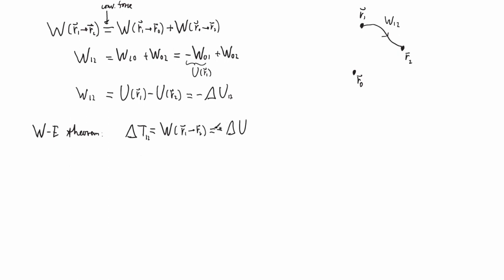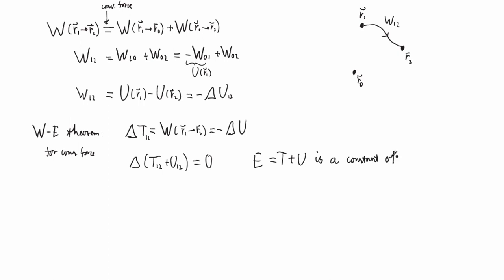In other words, if we have been dealing with a conservative force, we can rewrite this: the change in the kinetic energy going from 1 to 2 plus the potential energy going from 1 to 2 is 0. In other words, the total energy is a constant of motion. So we're now starting to approach the statement that energy is conserved, which we know is true, and this is the first step in that direction.